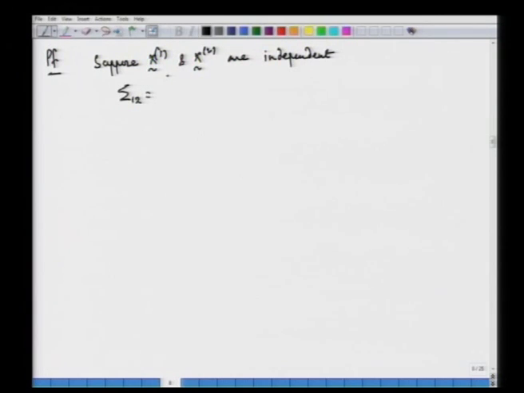Recall that this is nothing but the first element will be covariance of x 1 with x q plus 1, and the last element in the first row is going to be covariance between x 1 and x p. Similarly, we continue till the qth component. So, this is covariance between x q and x q plus 1, and then we have covariance between x q and x p.